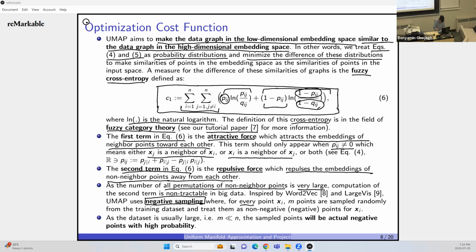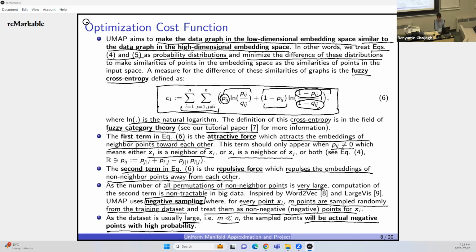Okay, for every point xi, m points are sampled randomly from the training data set and treated as negative points for xi. As a data set is usually large, m is much less than n. The sampled points will be actual negative points with high probability.